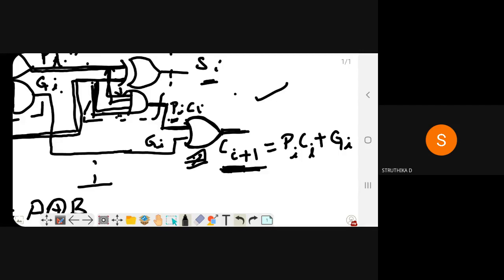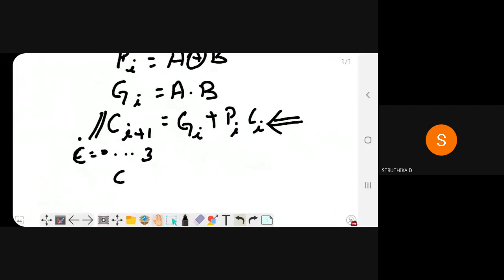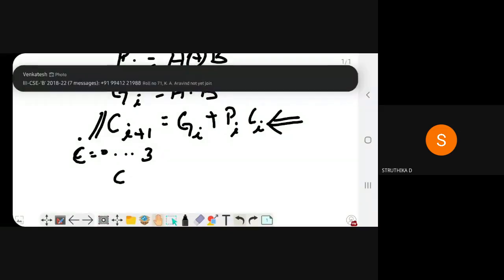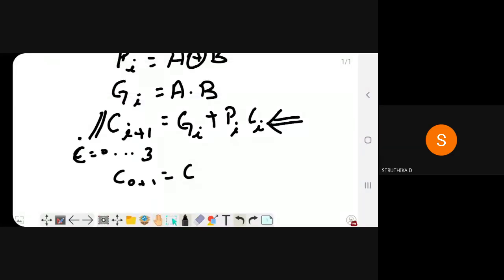Yes, ma'am. Okay. Next, I'm going to substitute the values of I equal to 0 to 3. If I substitute I equal to 0, then C1 is equal to G naught plus P naught C naught.